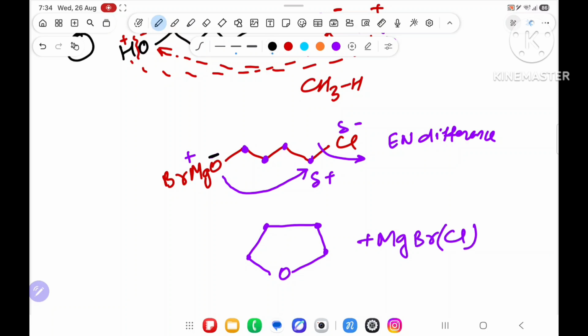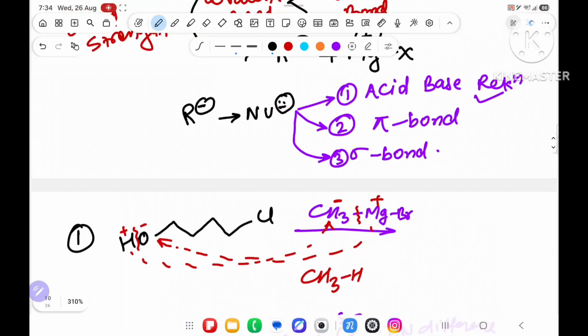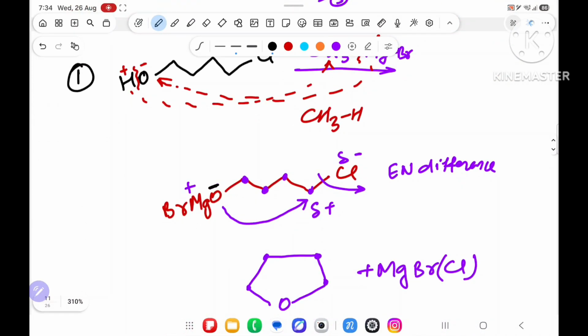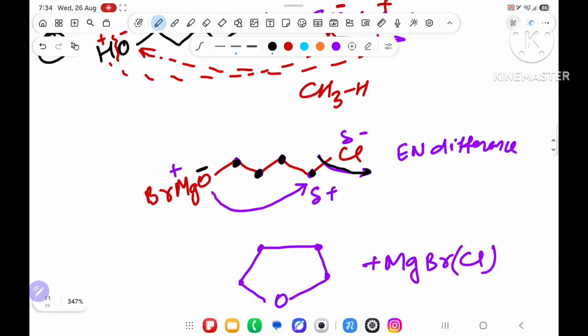Once the Grignard reagent comes, first it will try to do the acid base reaction, done. Then pi bond reaction. Is there any pi bond? No. There's a sigma bond. This minus is searching for some positive charge. Here positive, no. Here positive, no. Here positive, no. Here yes. Due to electronegativity difference, it will attack here. Cl will go outside. Once it attacks, oxygen here is connected with this carbon.